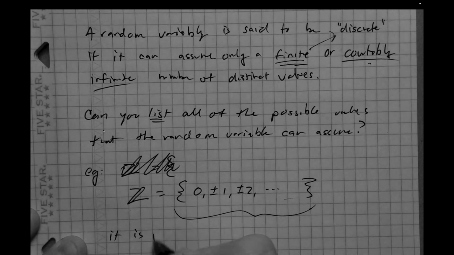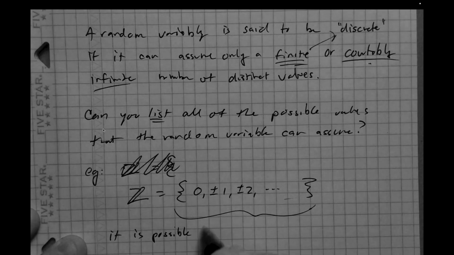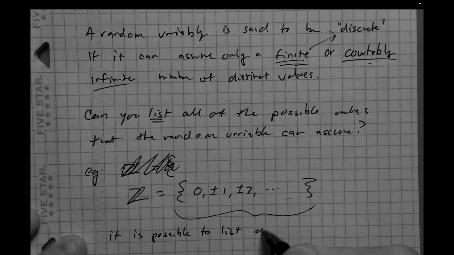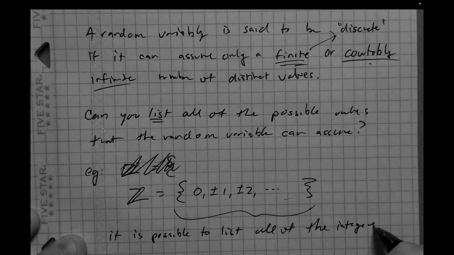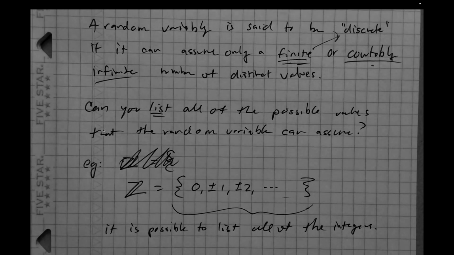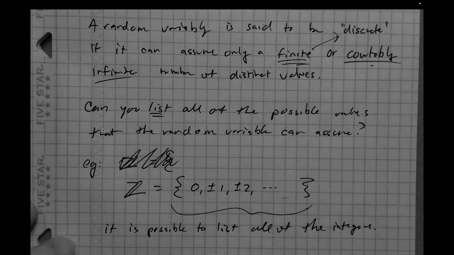So it is possible to list all of the integers. Therefore we would call any random variable that had the entirety of the integers as its potential outcomes a discrete random variable.